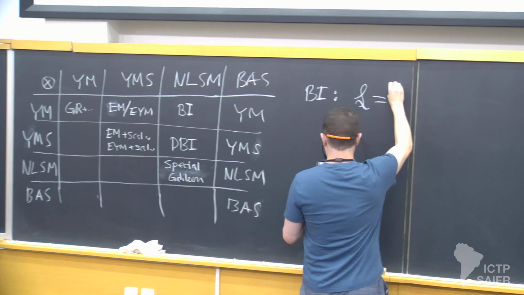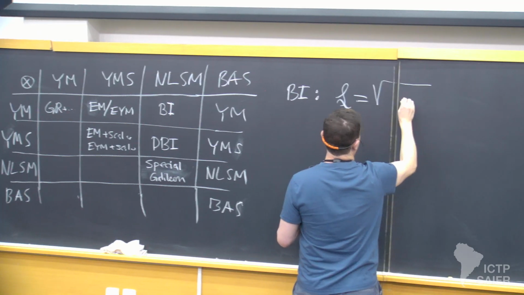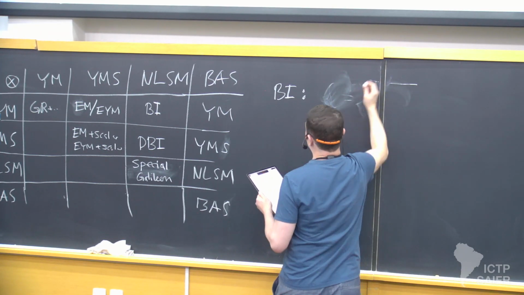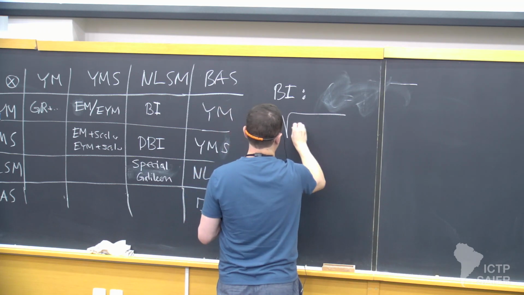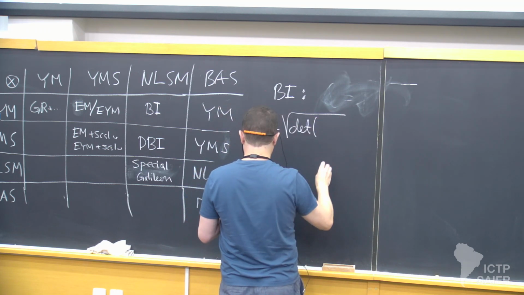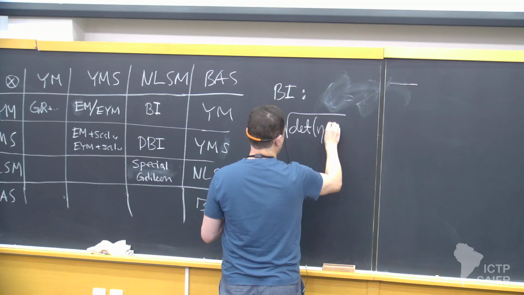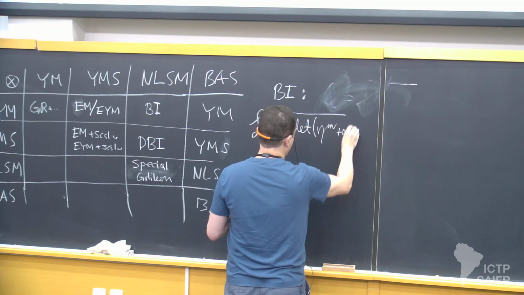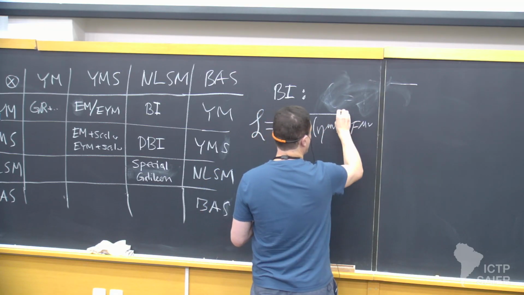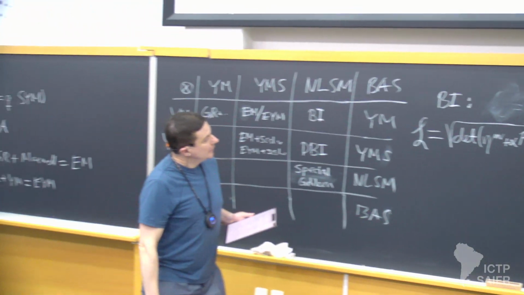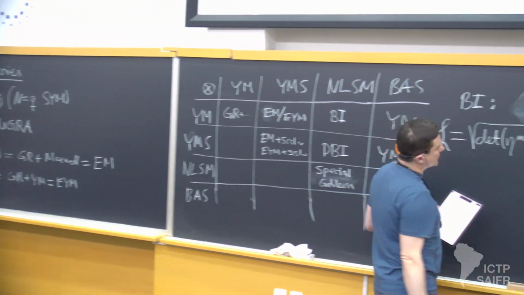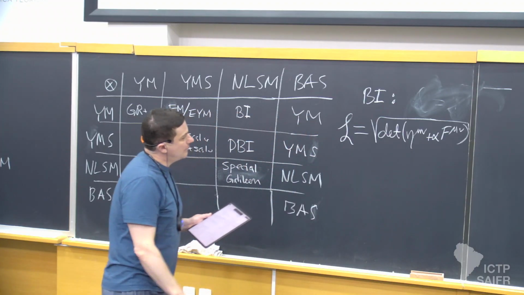Essentially, it's a square root of a determinant, and then it's basically eta mu nu plus alpha f mu nu. Sometimes there are some factors of pi, but I don't really care about those. So this is a nonlinear version of Maxwell.